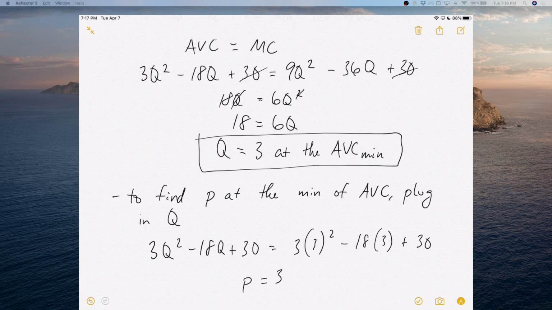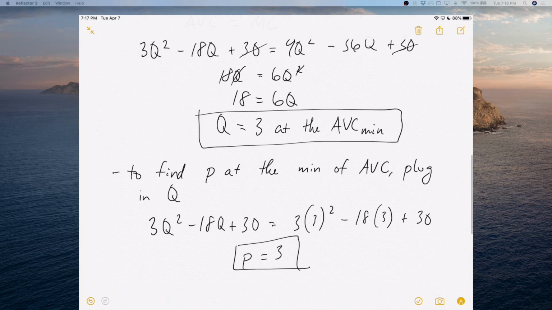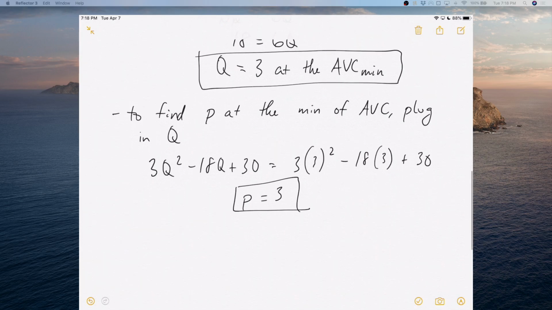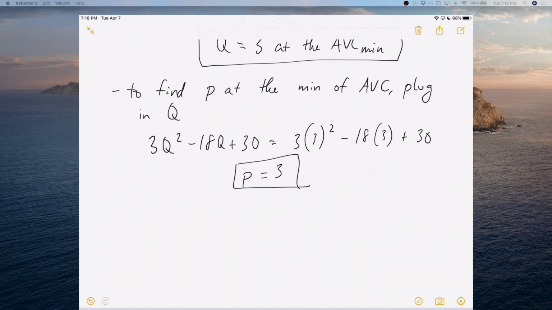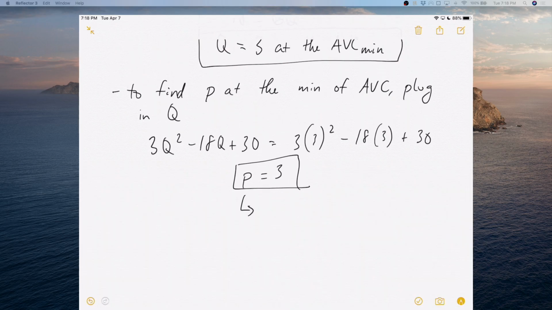What does that price mean? Since the question is asking to calculate the price below which a firm in the market will not produce any output, or what the shutdown price is, this 3 is sort of the inflection point. So if the price is below 3, if price is less than 3, the firm will shut down.